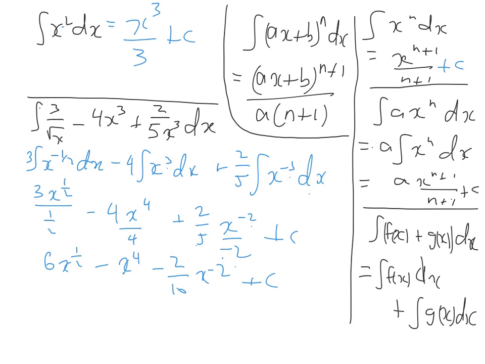And then once again we'll clean this up and put it in the same form as we got it. So we'll have 6 times the square root of x minus x to the power of 4, and we've got minus 1 over 5x squared plus c. So they're the steps we take to anti-differentiate, and it's just the start of integration.